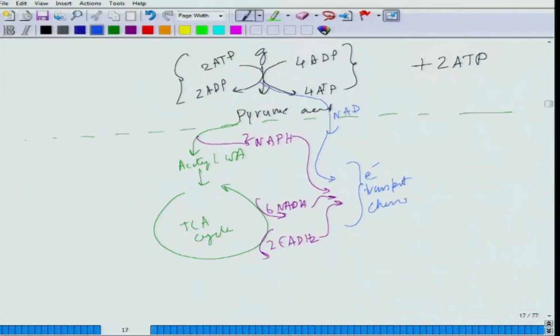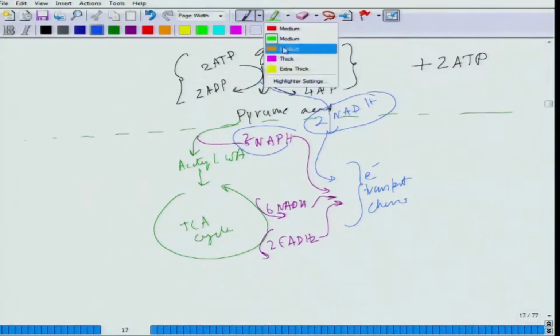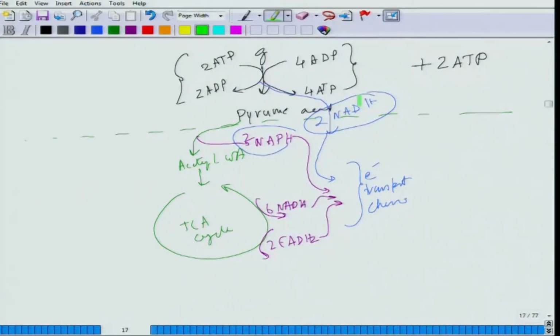So, if you look at it, there are 2 NADH molecules which are coming in from here. There is another 2 which is coming from here. So, let me highlight them. 2 coming from here, 2 coming from here, 2 plus 2 is 4, and you have 6 NADH fed from here, 2 FADH2 fed from here.